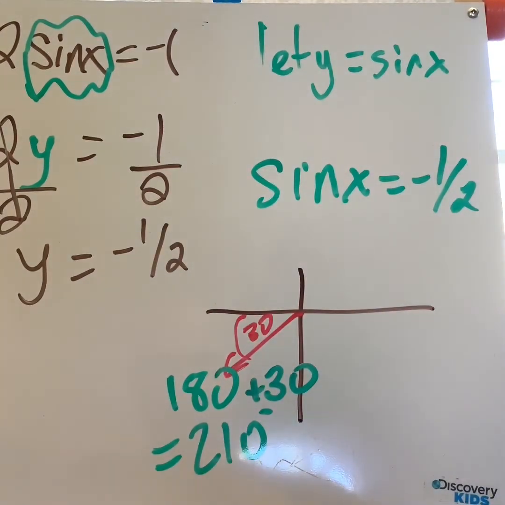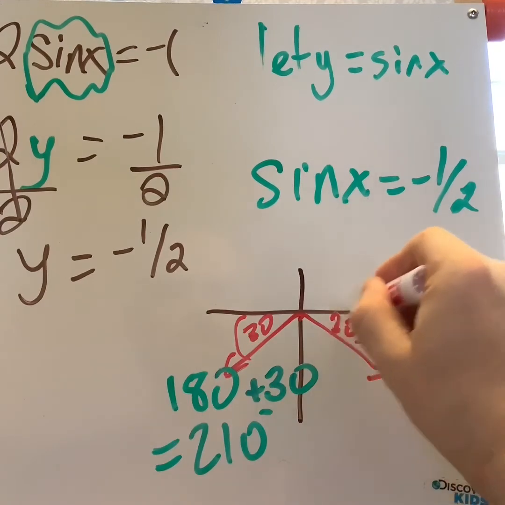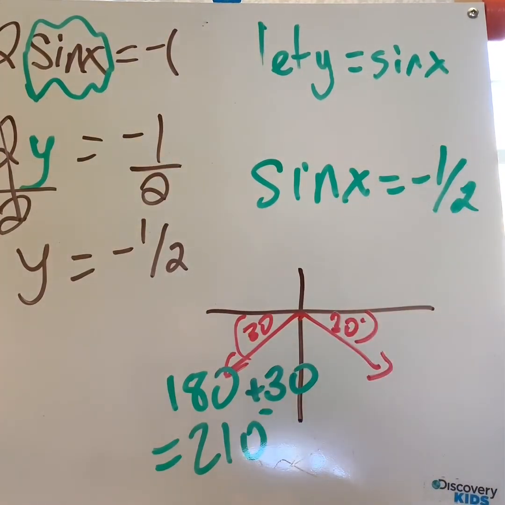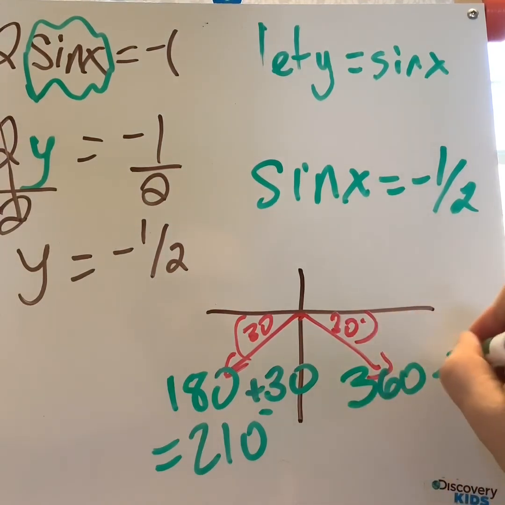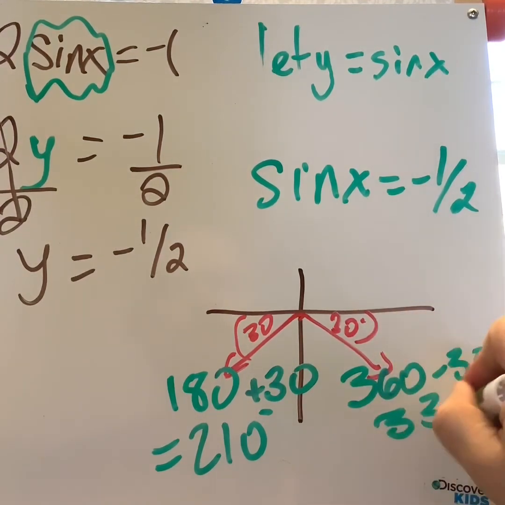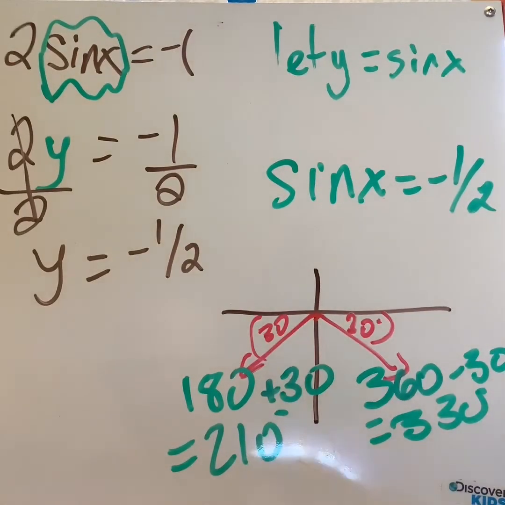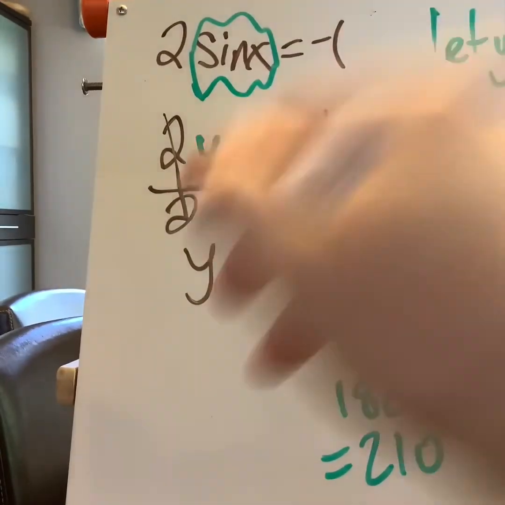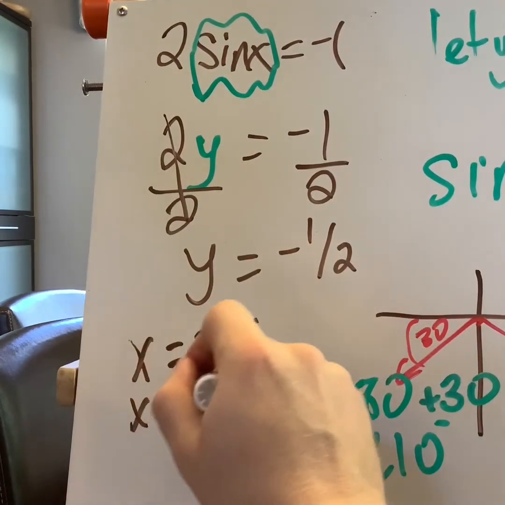And then in quadrant 4, we've got a 30-degree reference angle, so we do 360 minus 30, and that's 330 degrees. So the final answers here are x equals 210 and 330.